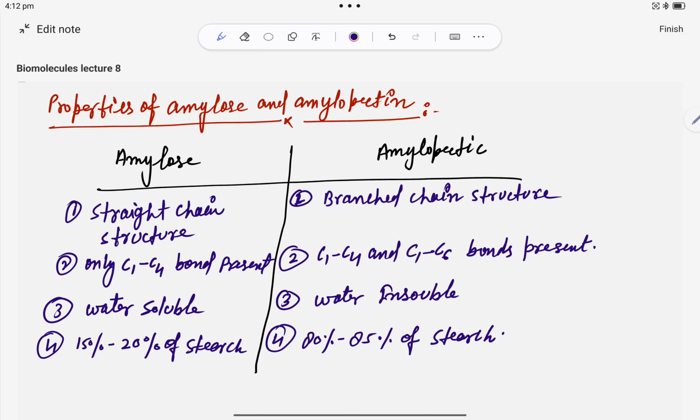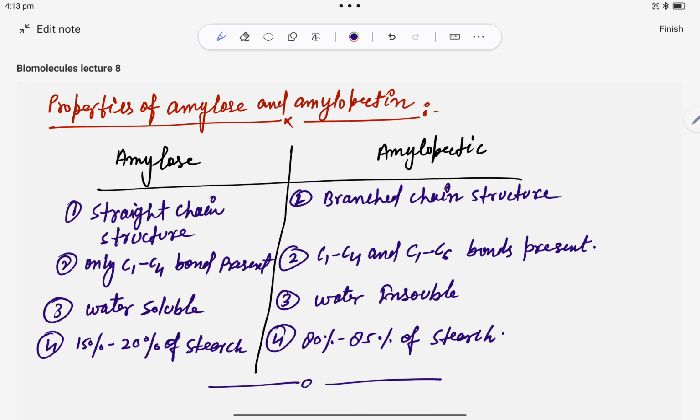So these are the differences. Okay, so no need to worry at all. You have to be focused on these very simple differences between amylose and amylopectin.